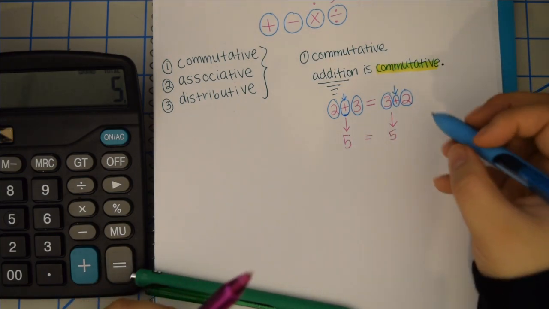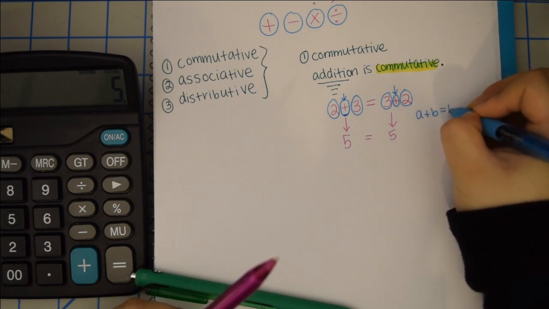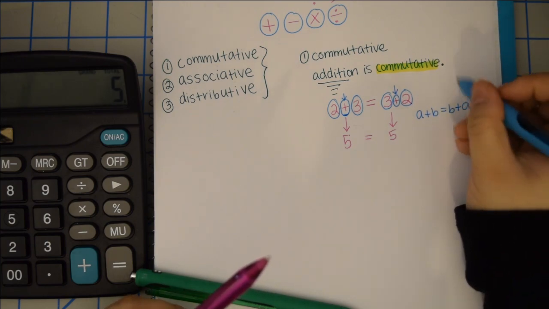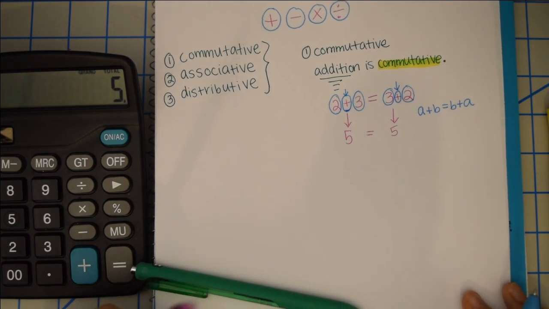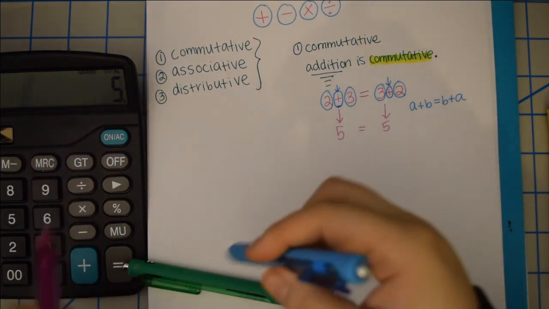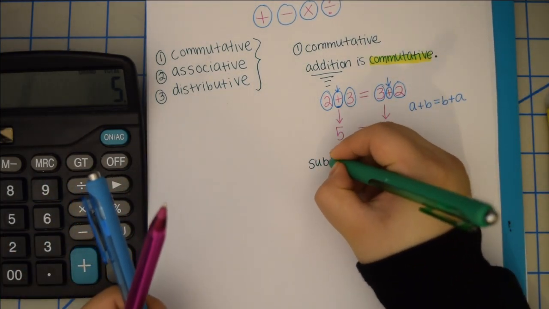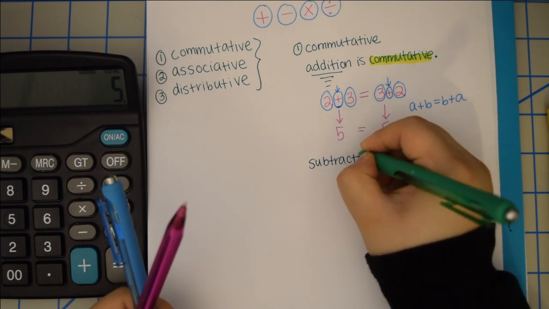And since we do get the same, so in general, a plus b equals b plus a. And since that is true, addition is commutative. Okay, so let's try subtraction. Is subtraction commutative?